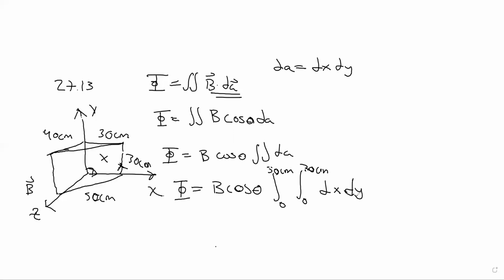The integral of dx is x. The integral of dy is y. We put in the boundaries. It's going to be 30 times 30, and that's pretty much it. But I just want to show you guys, instead of just telling you the area, where this is coming from and why I am doing this stuff. So flux is equal to B cosine theta times the area.